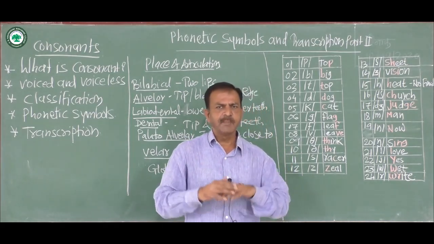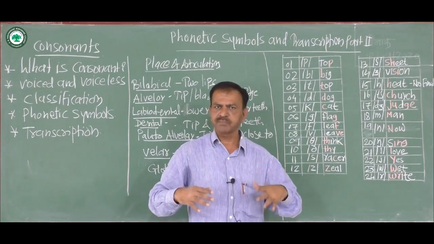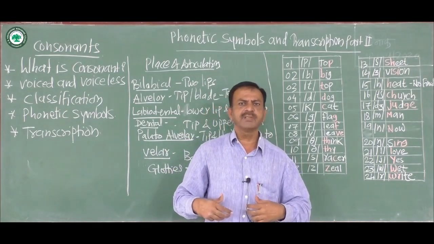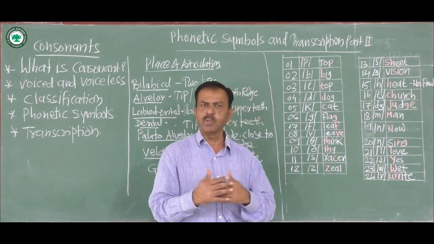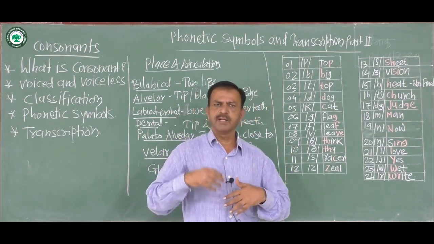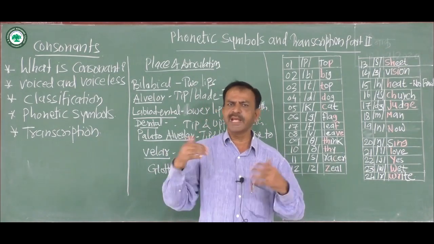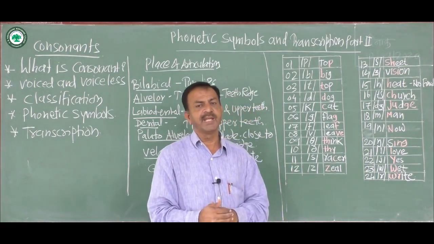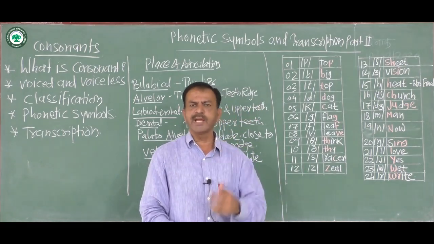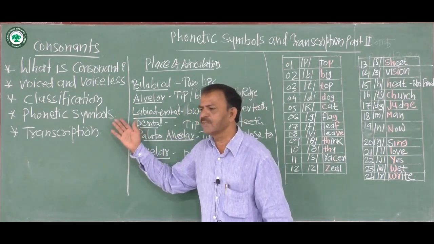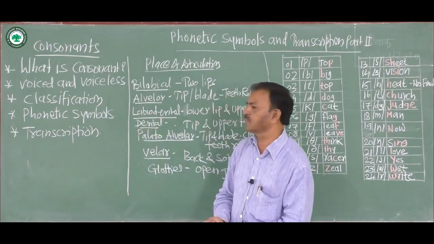What is manner? Manner means in which way the different organs or articulators play a role, whether there is a complete closure or partial closure, and how the air stream escapes. This is known as the manner of articulation. So this is about classification of sounds.